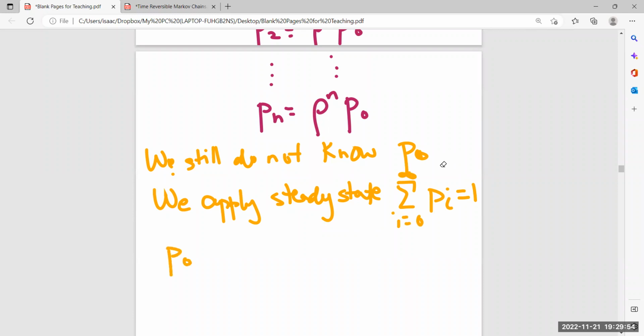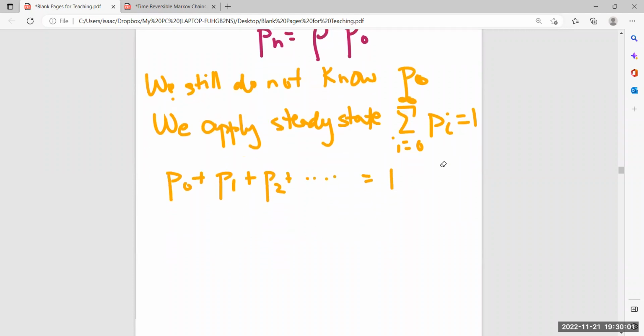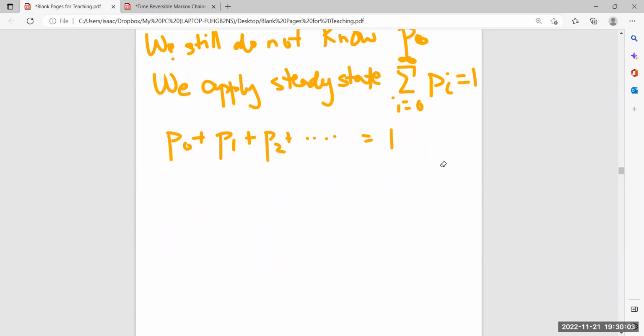So that means P0 plus P1 plus P2 plus and so on is equal to 1. Right? And I'm going to replace the P1 and the P2 with P0. So this is P0 plus rho P0 plus rho squared P0 plus and so on is equal to 1, like this.